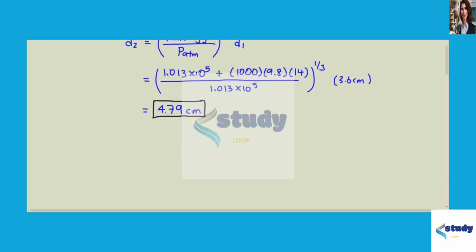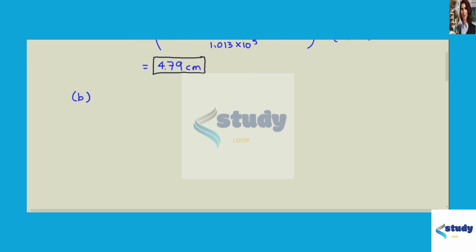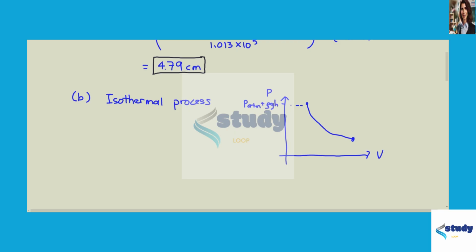In part B, we need to draw a PV diagram for the process. This is an isothermal process. So just put the relevant terms.